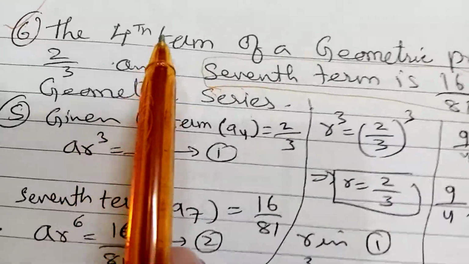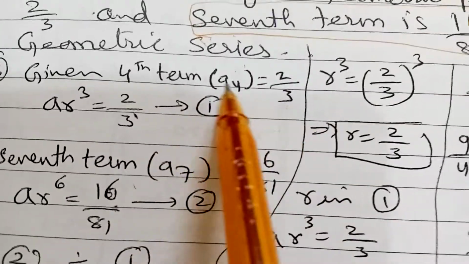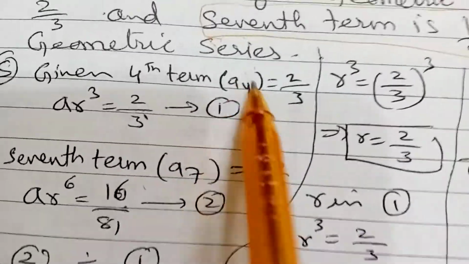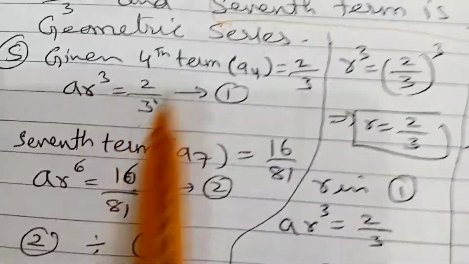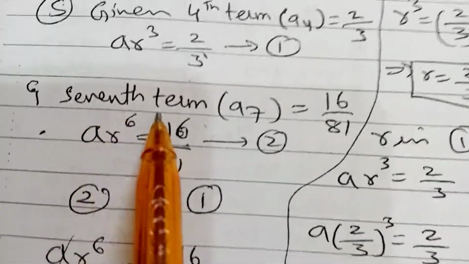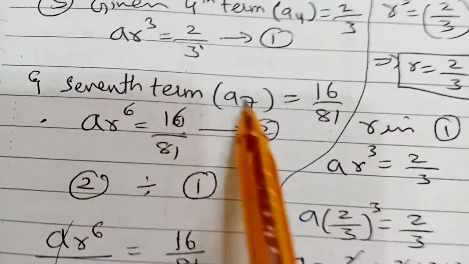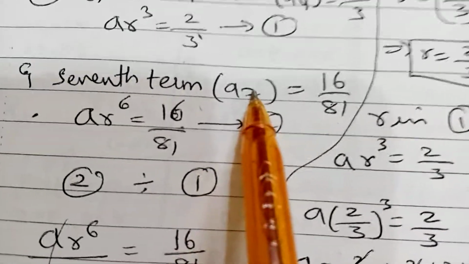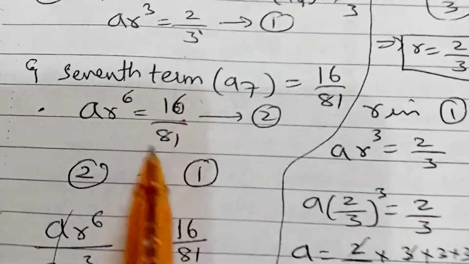So given the fourth term is 2 by 3, means a_4 is equal to 2 by 3. a_4 means a r^3 is equal to 2 by 3. That is the first equation. What is given second? The seventh term is 16 by 81. Seventh term means a_7. What is a_7 in GP? a r^6 is equal to 16 by 81.